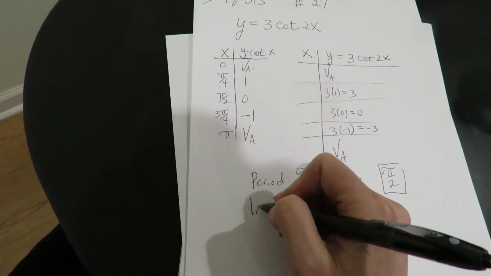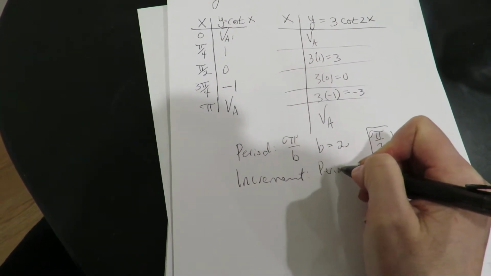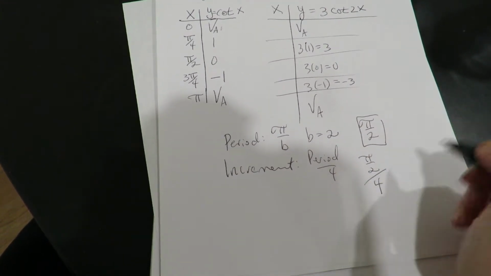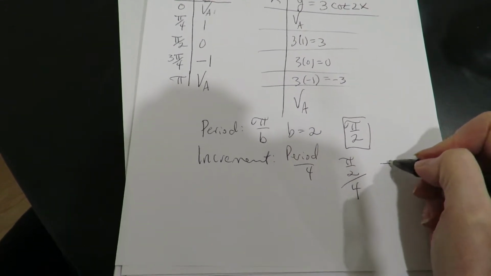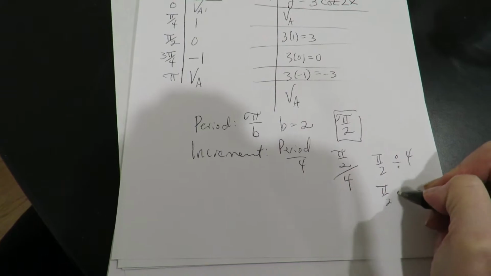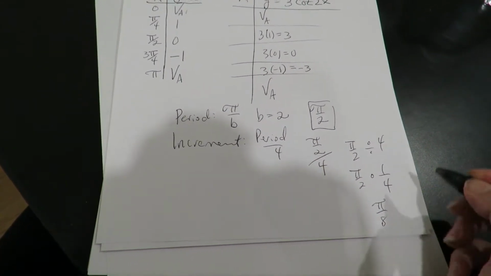All right, now the increment is still the period over 4. So you're going to do pi over 2 divided by 4. Let me write that out the long way because it's easier for people to get. I'm going to convert it to multiplication, so it's going to be pi over 8.